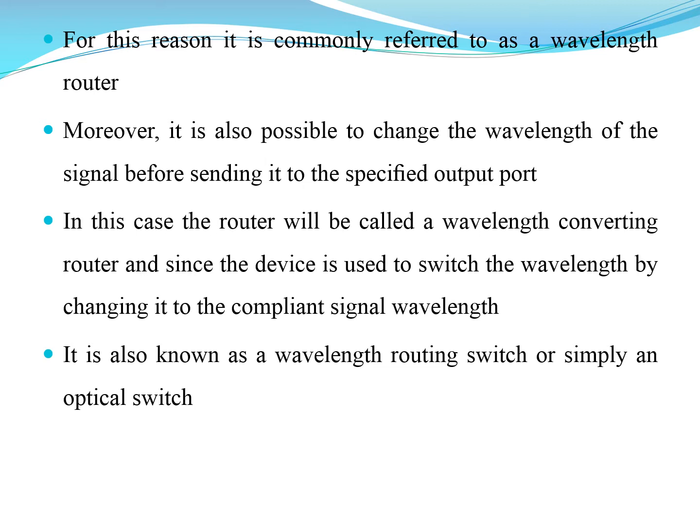And it is possible to change the wavelength of the signal before it is sent to a specific output port. In this case, the router is considered a wavelength converting router, and the devices used here switch the wavelength by changing it to the compliant signal wavelength.